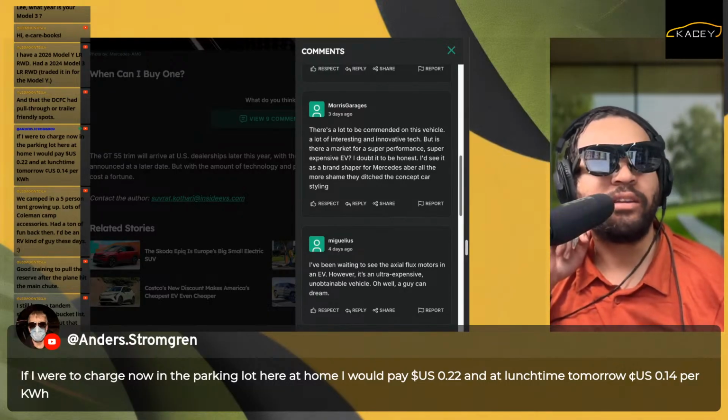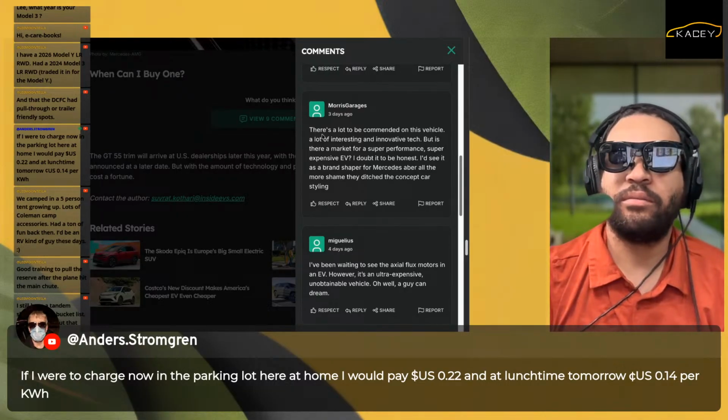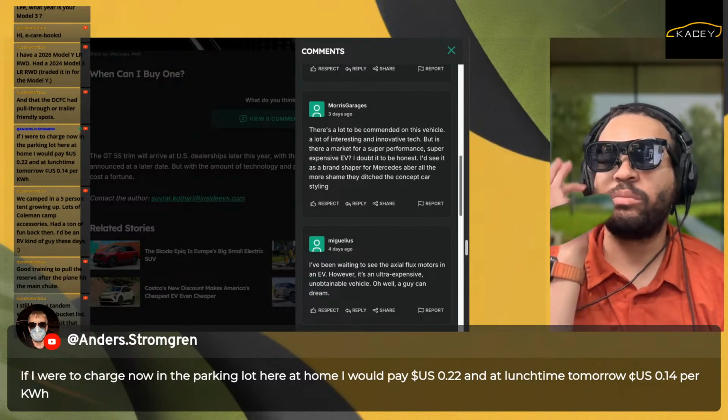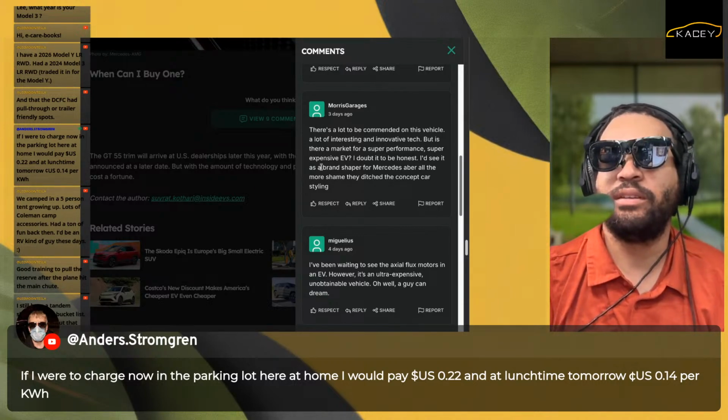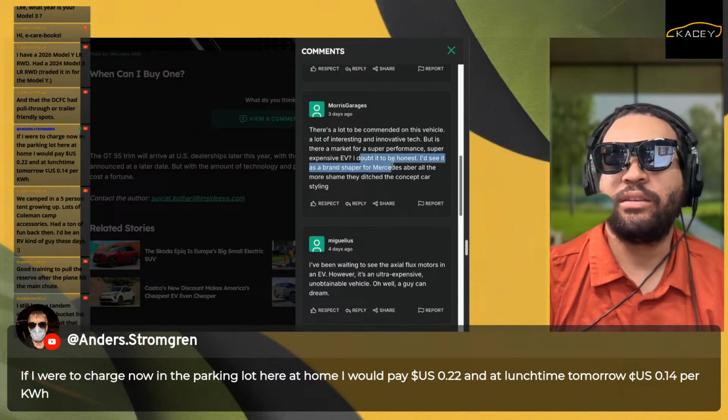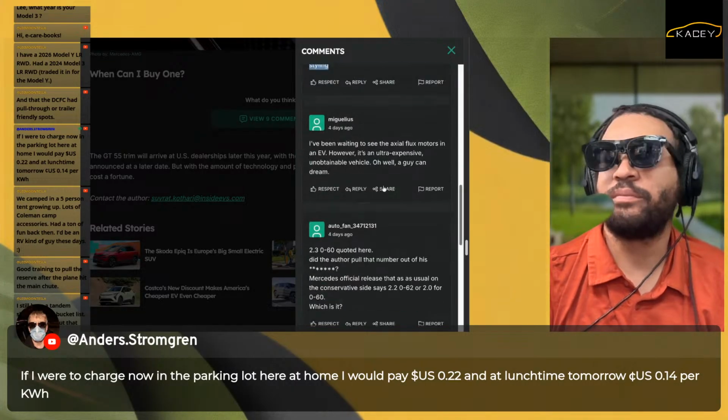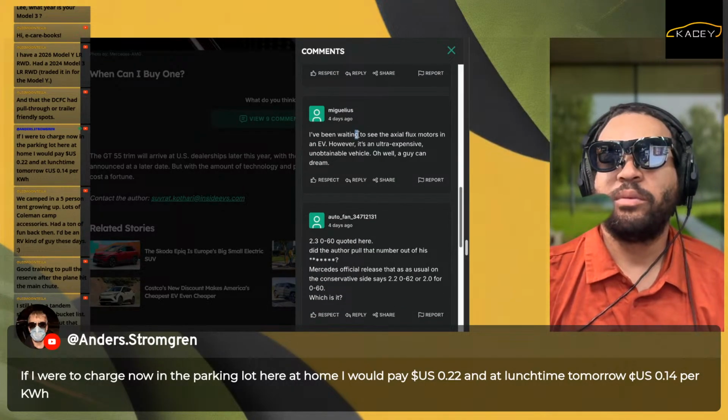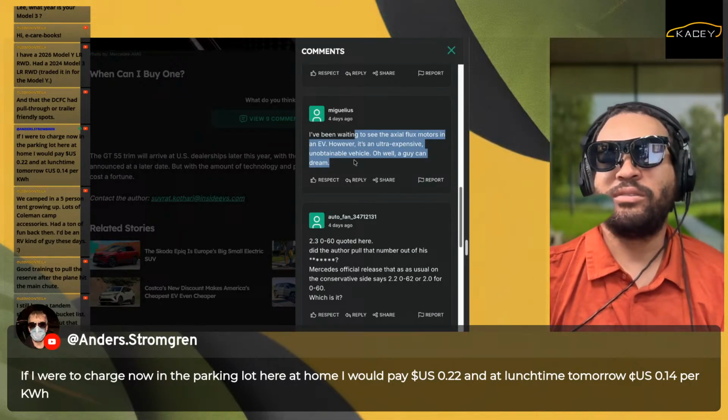There's a lot to be commended on this vehicle, a lot of interesting and innovative tech, but is there a market for a super performance, super expensive EV? Yeah, there is. I see it as a brand shaper for Mercedes. It's called a Halo car. We're waiting to see the axial flux motors in an EV. However, with an ultra expensive, unattainable vehicle, oh well, a guy can dream.